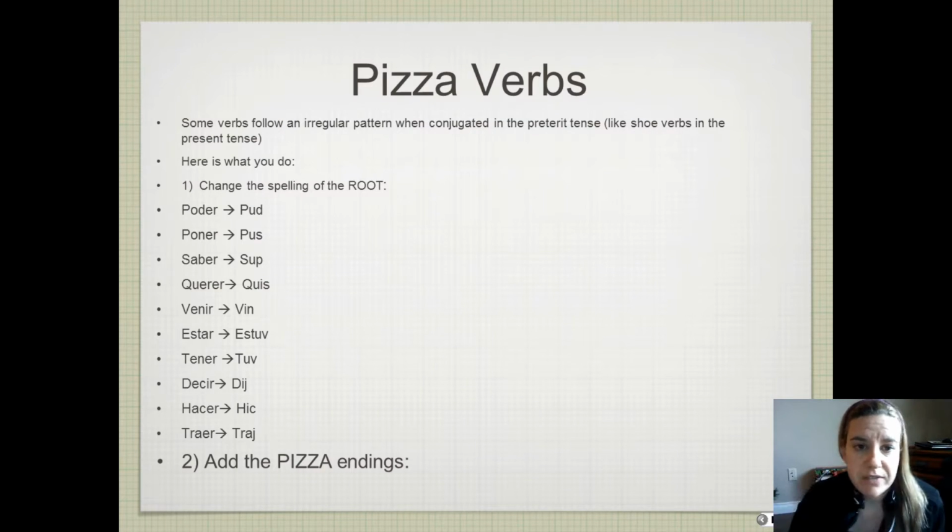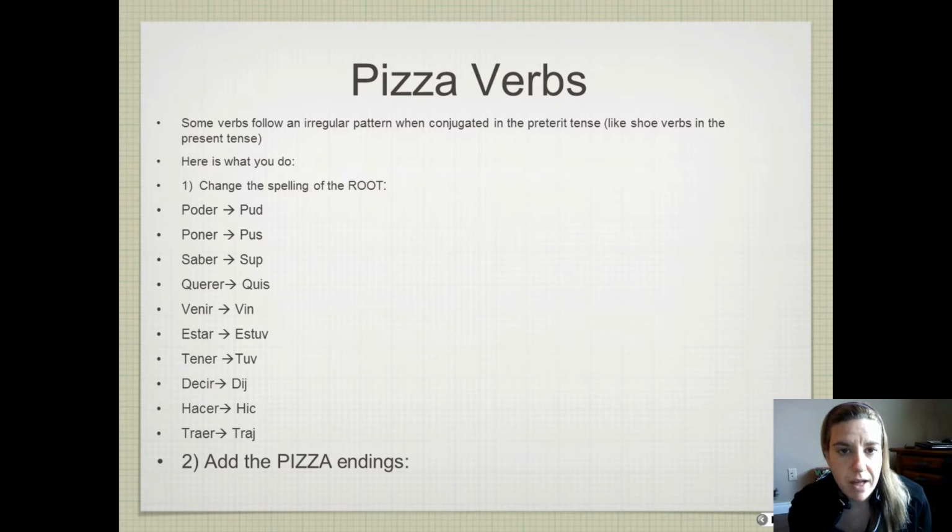So here's what a pizza verb is. Some verbs, when they're irregular, will follow a pattern, like we saw the shoe verbs did last quarter in Spanish 121. In the preterite tense, or the past tense, the verbs that are irregular a lot of times will follow this pattern that I call pizza pattern, where you change the spelling of the root.